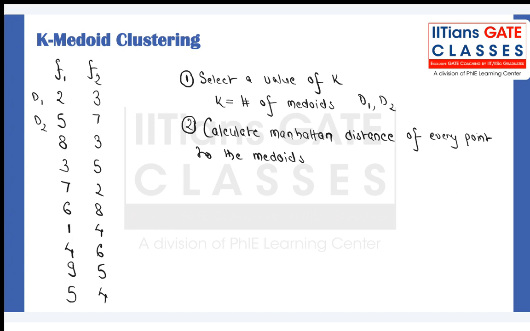Whichever is smaller goes to one cluster. And then you update your medoid. Similarly, you calculate the within cluster sum of squares and update your medoid. So the only difference is how you are initializing the algorithm, which is by considering two data points D1, D2, and then calculating the Manhattan distance.